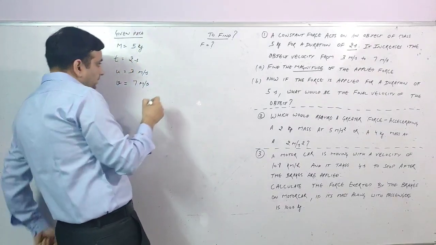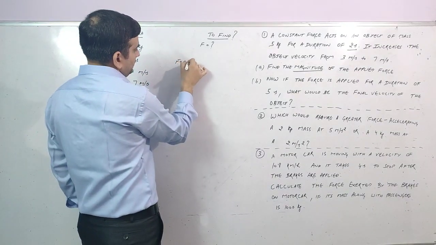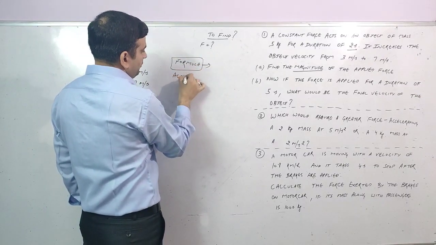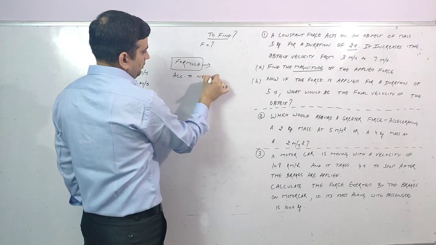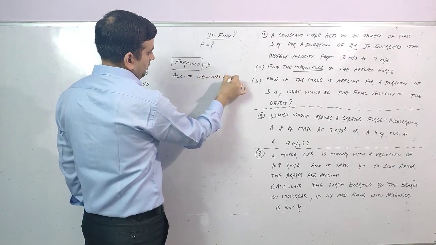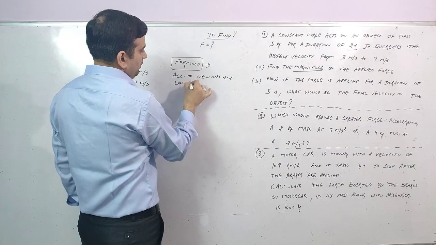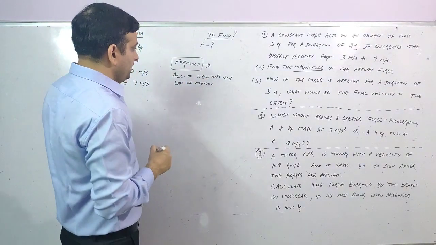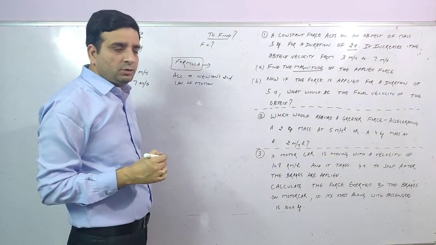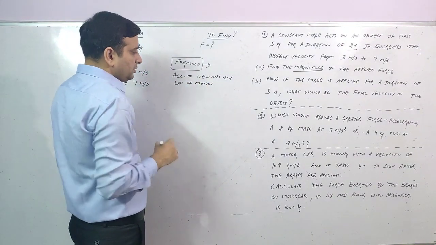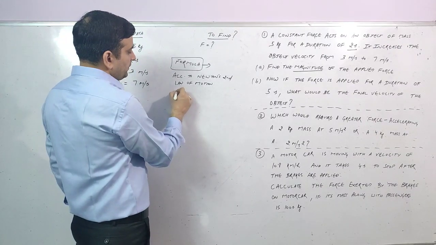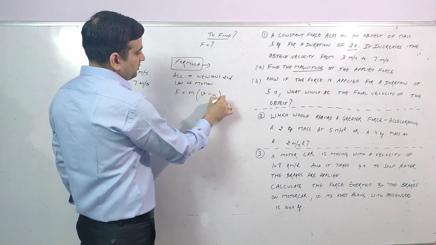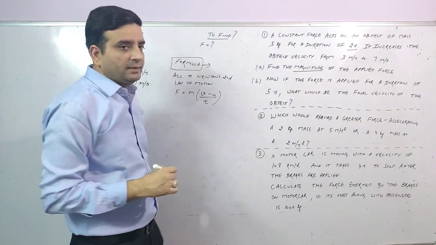You can write a heading, the formula which we are using, and the formula is according to Newton's second law of motion. If you write in a proper pattern, automatically you will be able to solve the numericals. So according to Newton's second law of motion, F is equal to m(v minus u) by t.